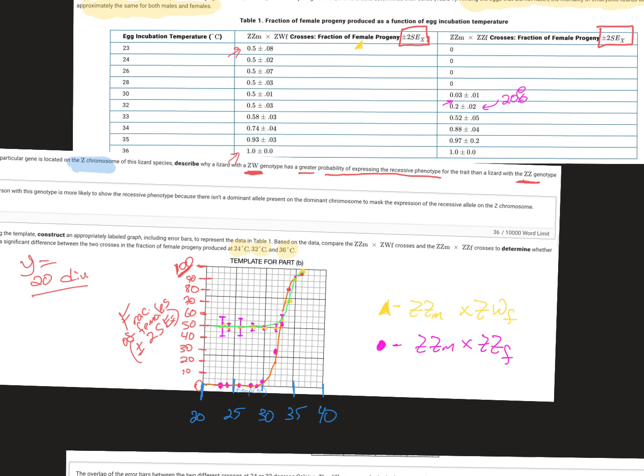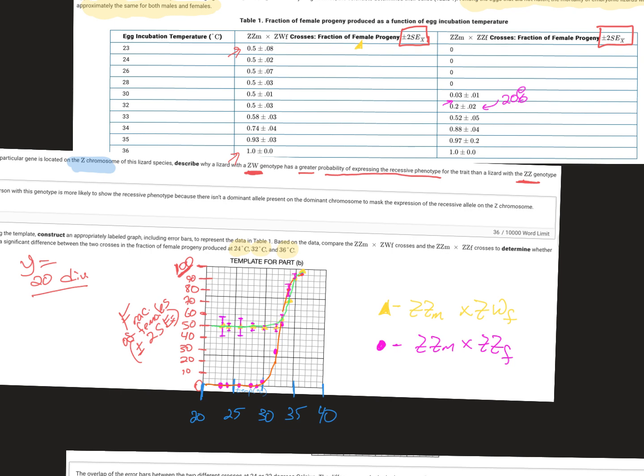And then 34 should be 4%. And then 35 should be 3. And then 36 is no error at all.